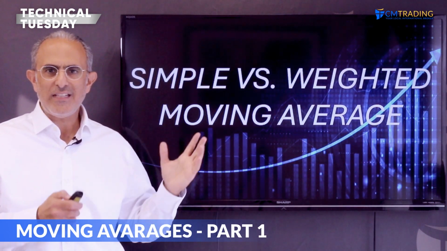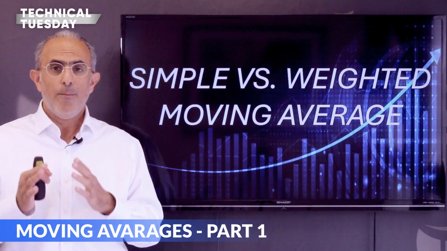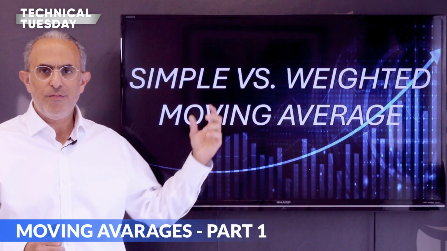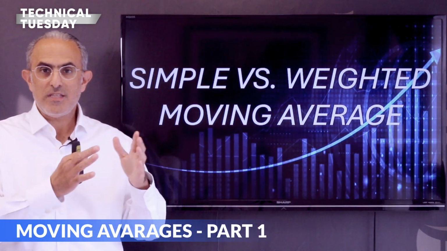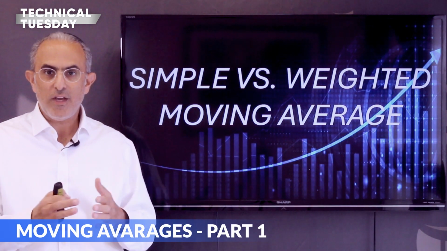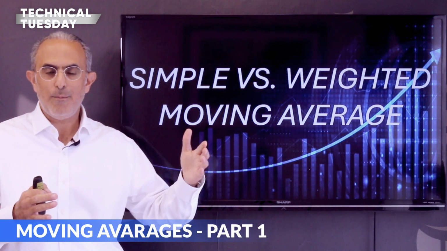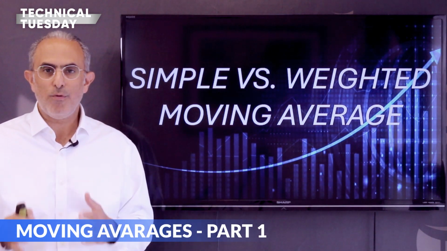Now, as I mentioned before, there are two types of moving averages, and we'll delve into that much more next time. But there is something called the simple moving average, okay, which is really that simple. It's the time, so it's 10 days, let's say, and it's the price over that 10-day period. And that's how I get one moving average. That's a simple moving average.